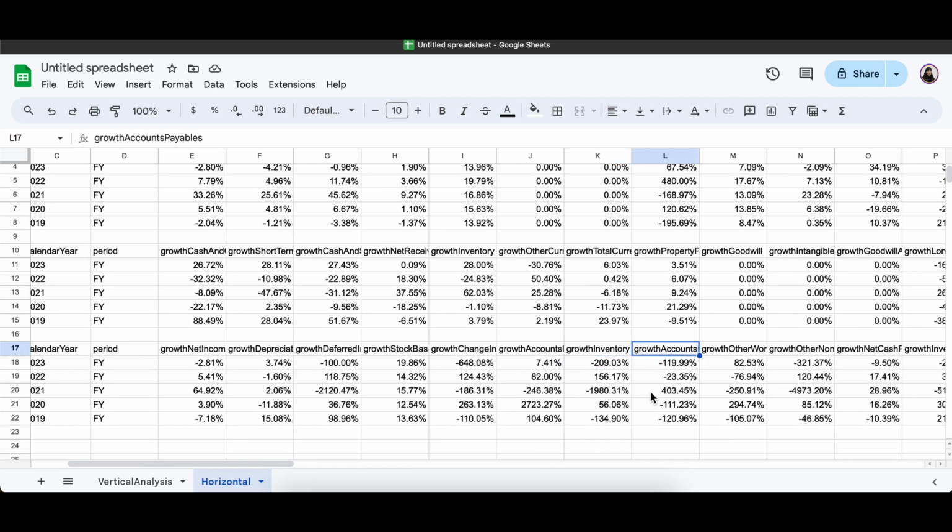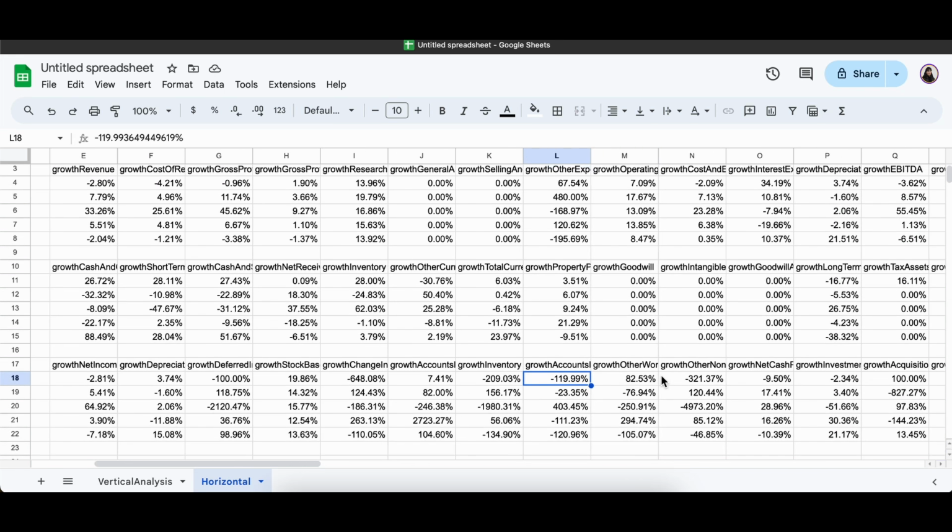This is accounts payable 119%. Maybe they reduced the purchase orders or something happened, and this number is in huge difference with the previous year. And this analysis gives you very, very valuable hints, and you should monitor very important proceedings from cash.